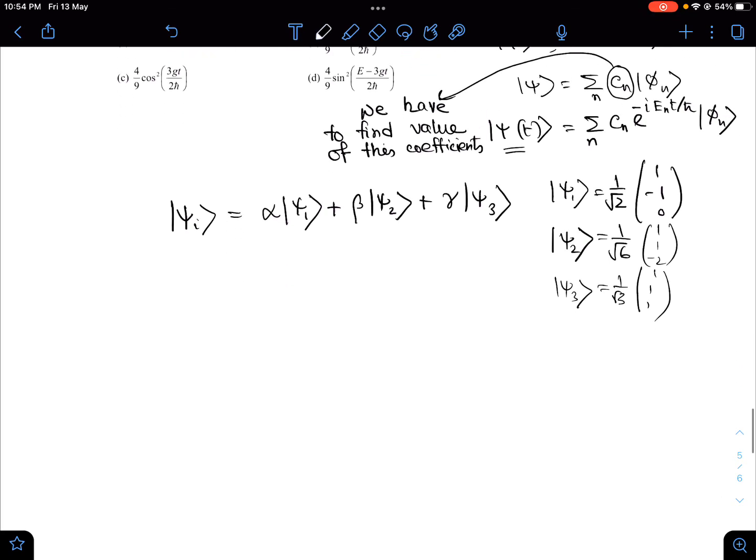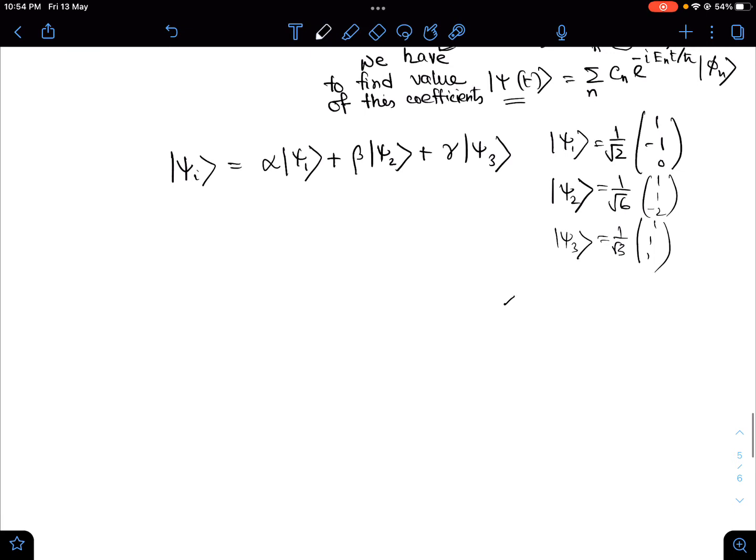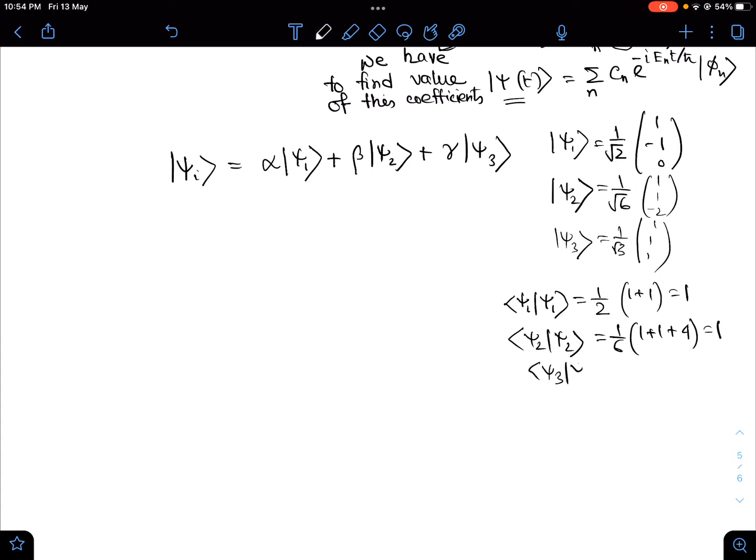For orthonormalization, first we have to ensure that the norm of psi 1 is 1. So let us check. It will have 1 plus 1, so that is 1. Similarly, psi 2 also gives 1, and psi 3 is also 1.